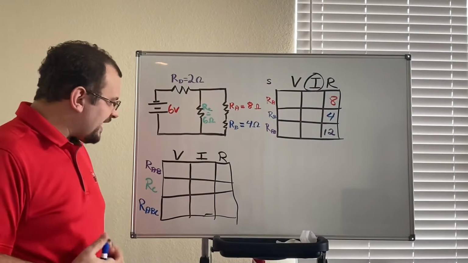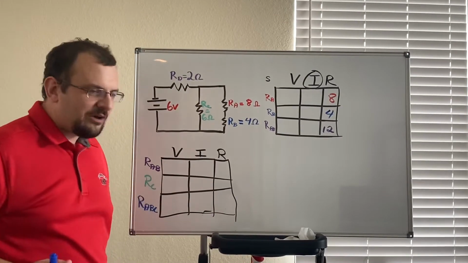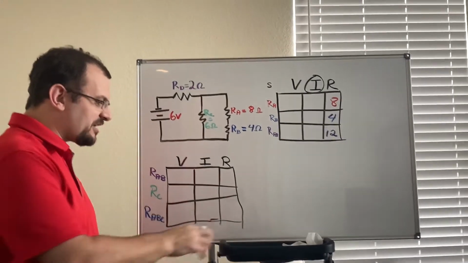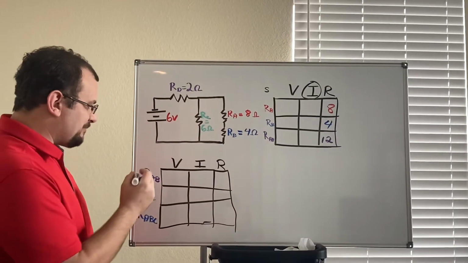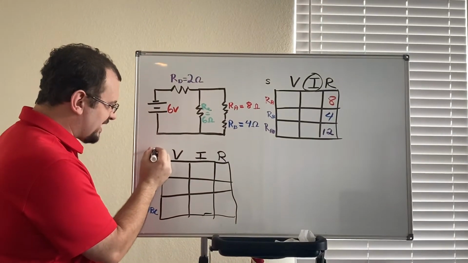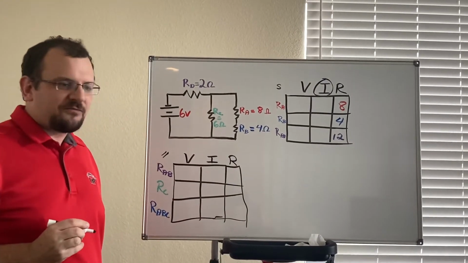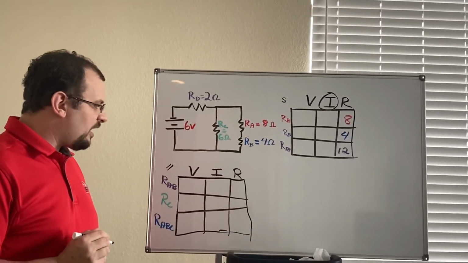So we now have resistor AB in parallel with resistor C, and that's going to add up to make resistor ABC. And this is going to be a parallel chart. So I'm going to make parallel lines right there to remind me when I go back and fill in all of my unknowns that this is parallel.